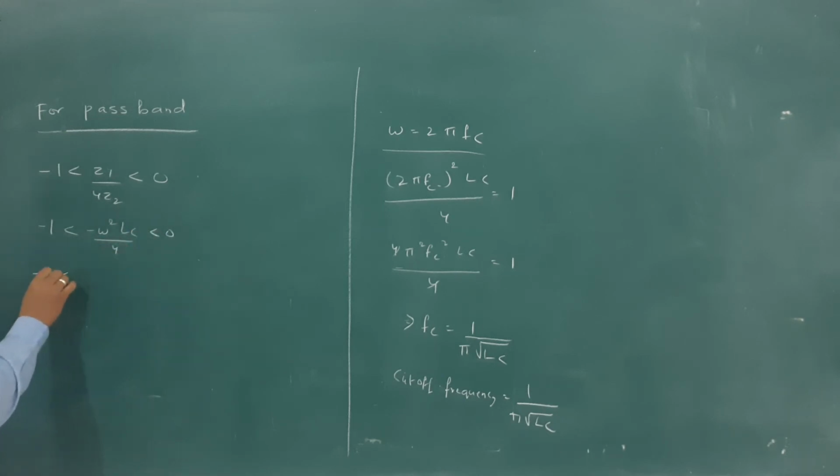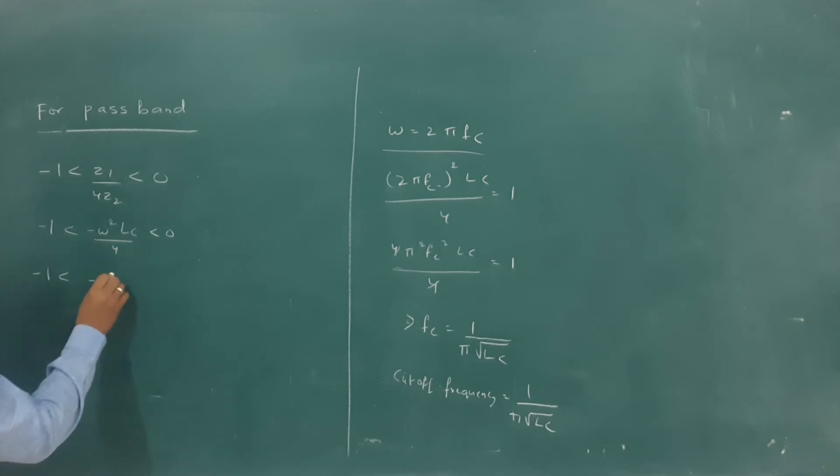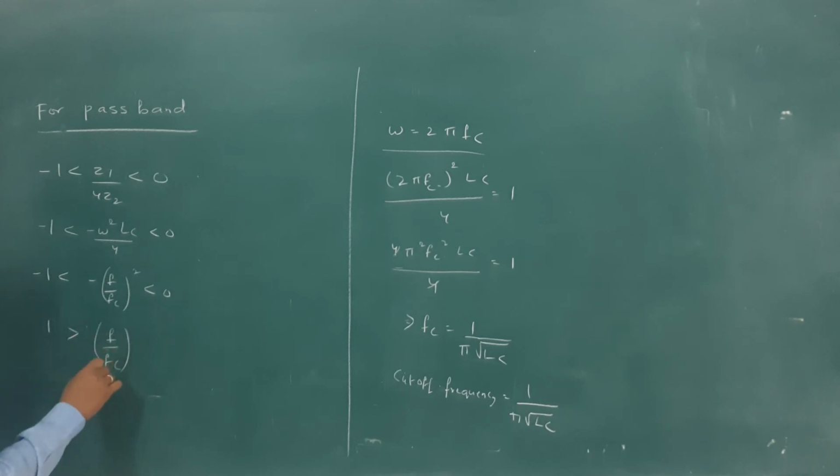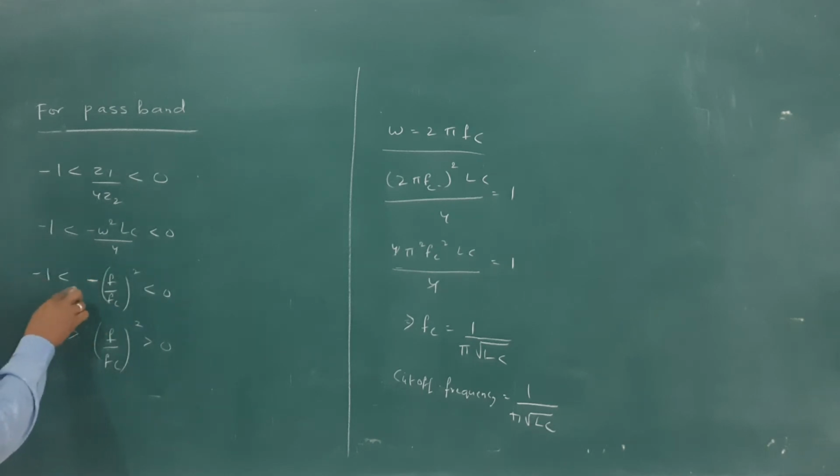It is minus 1 less than minus f by fc whole square, less than 0 also. So 1 is greater than f by fc whole square greater than 0 is also correct.